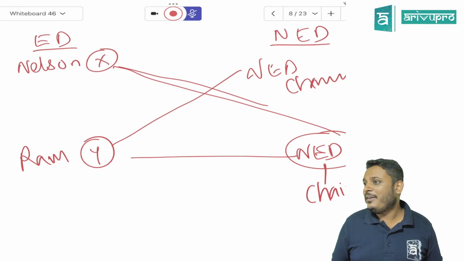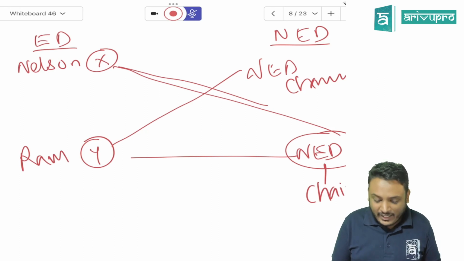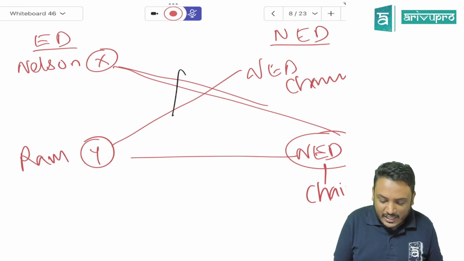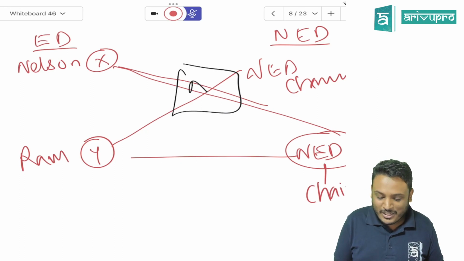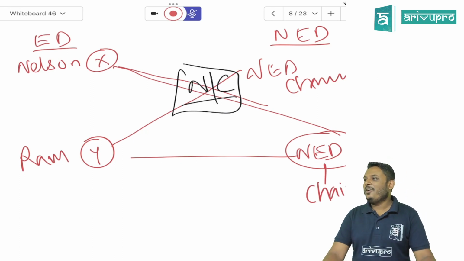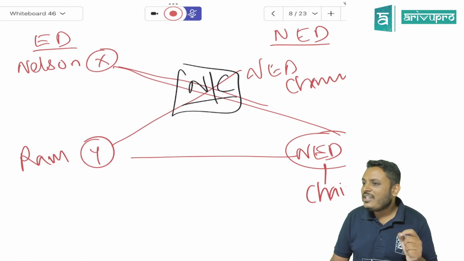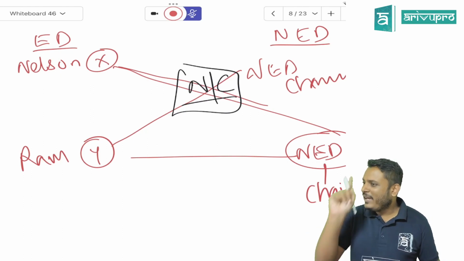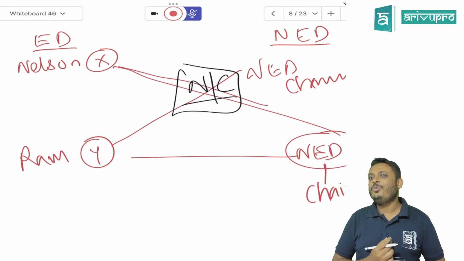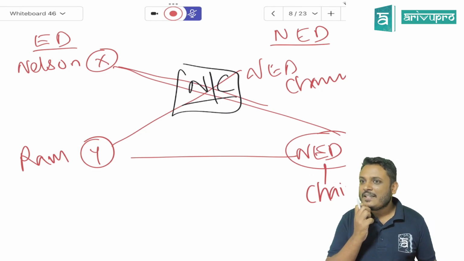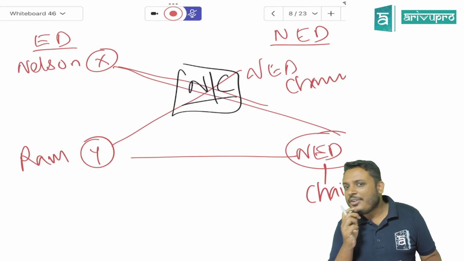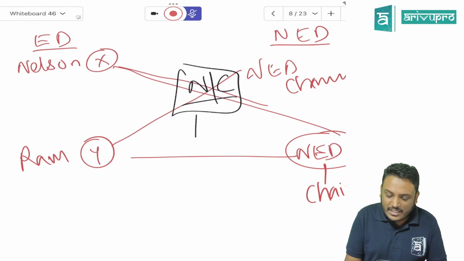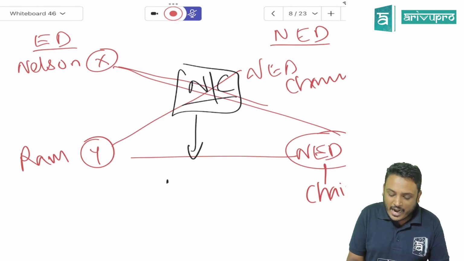This should not happen. For that, an intermediary is needed. What is that intermediary? Nomination committee. That's why the nomination committee's role is important. The nomination committee should not get influenced by anyone, they should be independent. Understood? Is it clear? Everyone understood? So, for the nomination committee, corporate governance said 100% independent non-executive directors.